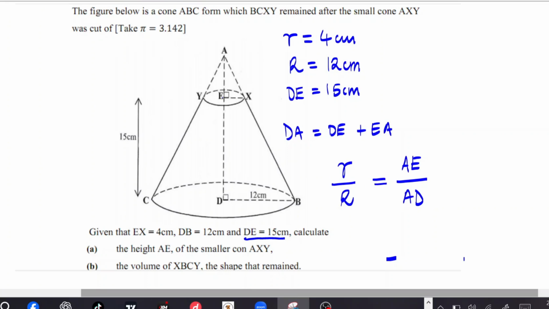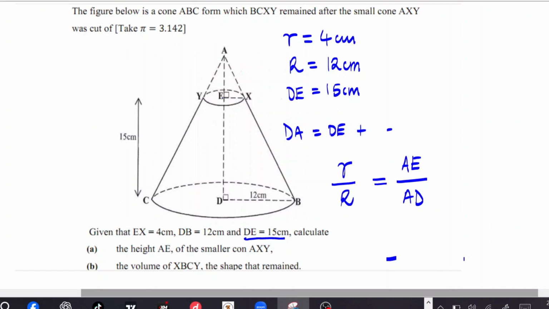So you see AD here. Now, as we want to know AE, AE is this one actually here.